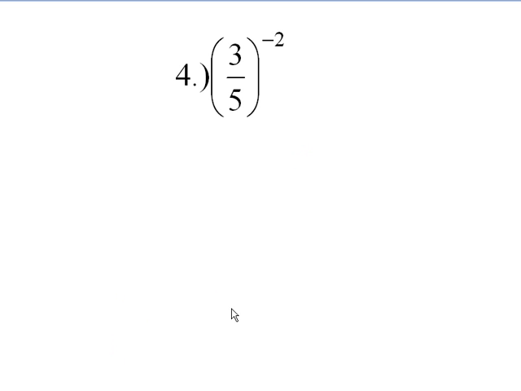Alright, here we have a fraction raised to a negative 2. Well, the first thing I like to do is get rid of these negative signs. So, to get rid of that negative sign, what did we say we needed to do? Flip it, right? So this becomes 5/3 raised to the second.